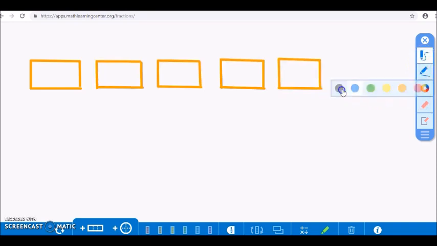Each of these squares represents 1 cup of orange juice, giving us a total of 5 cups.